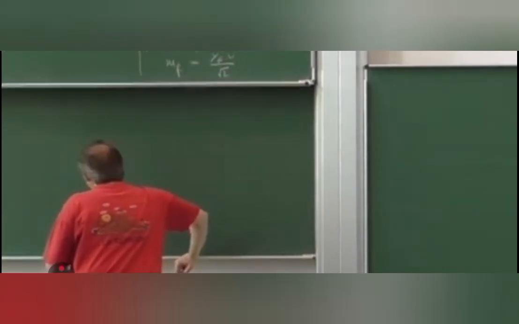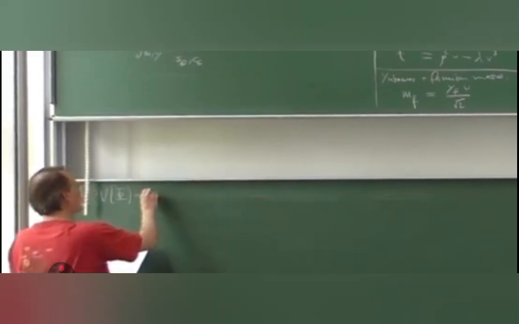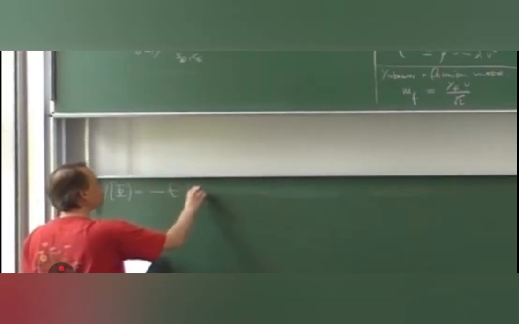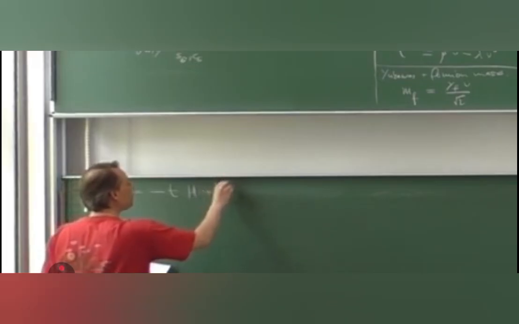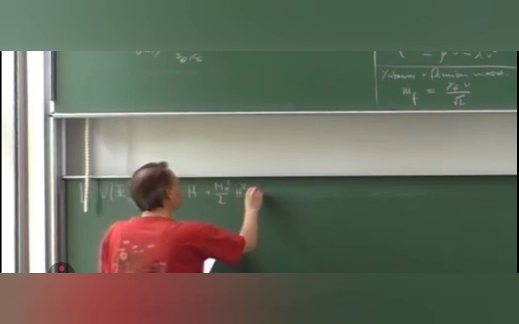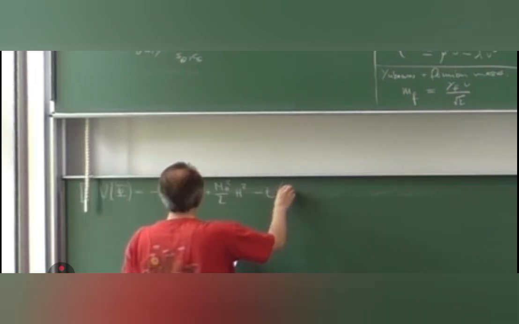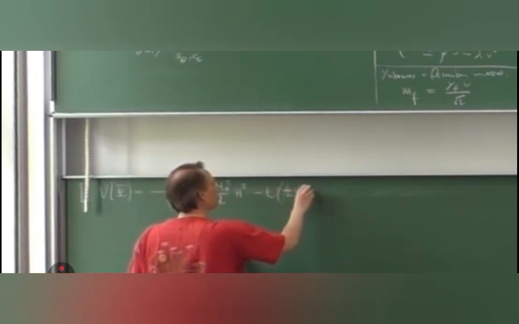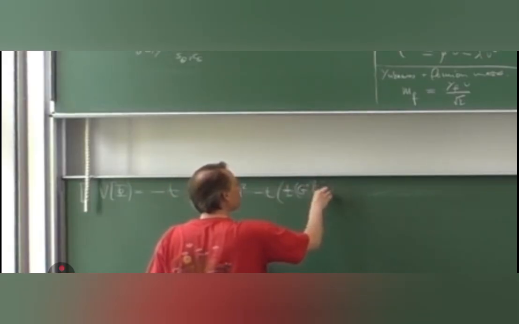And let me just say as a side note, in this parametrization the Higgs potential as a function of the Higgs field v plus h is given as follows, just to make that point once again: minus t times h plus m_h squared over 2 times h squared minus t times the Goldstone boson mass squared, so 1/2 (g0 squared plus |g plus| squared).